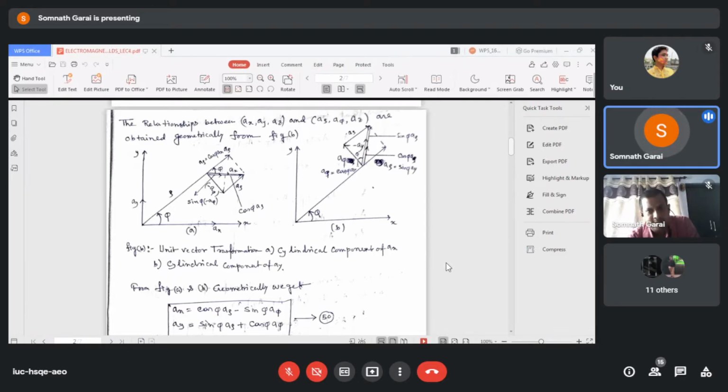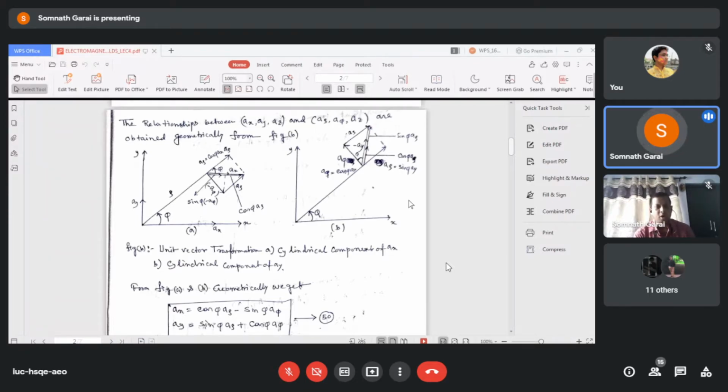So a phi and a rho are both direction vectors, but we have to determine the value of ay, whose direction is vertical.